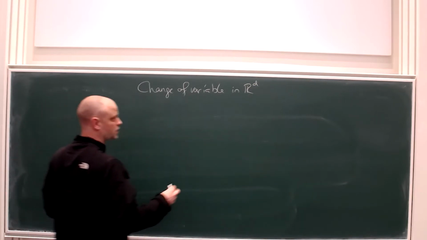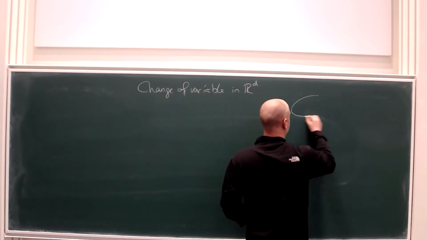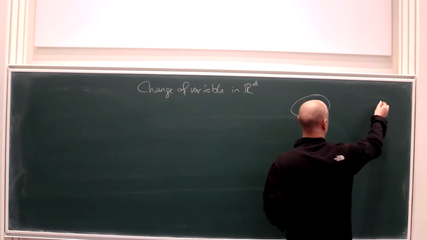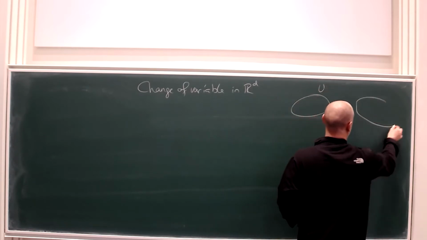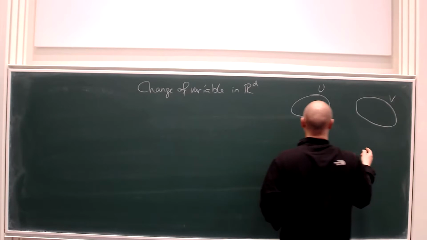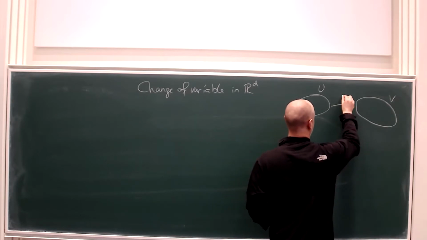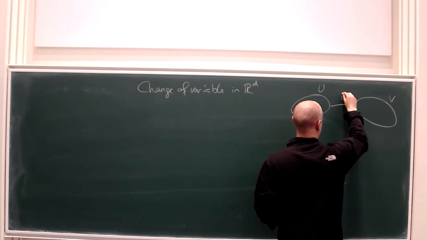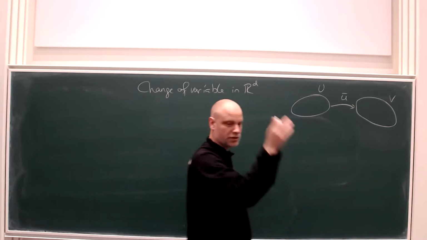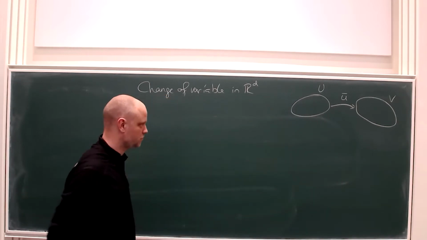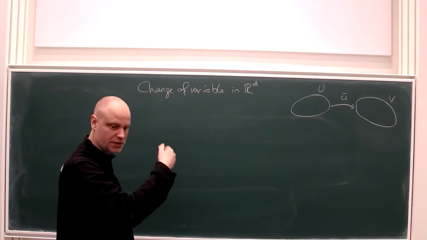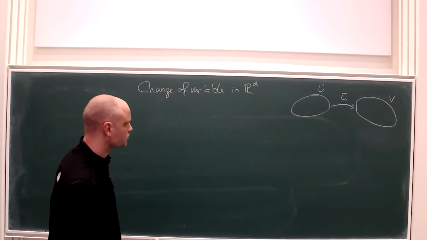So the formula, I hope you know it. Here's a set U. Here's some other set V. They are open, and then you have a function here, which I call U with a dash on it, to signify that I go from R^d into R^d.